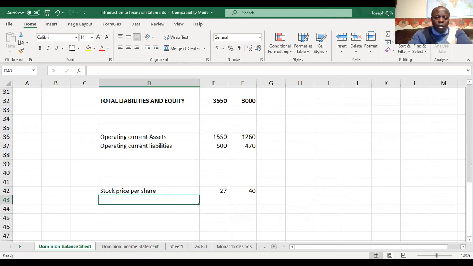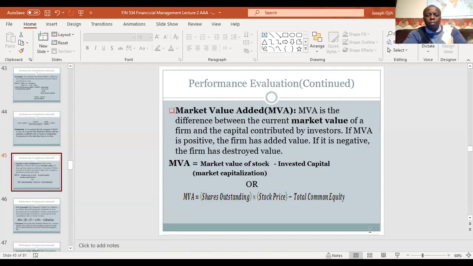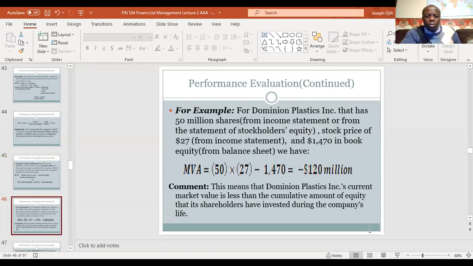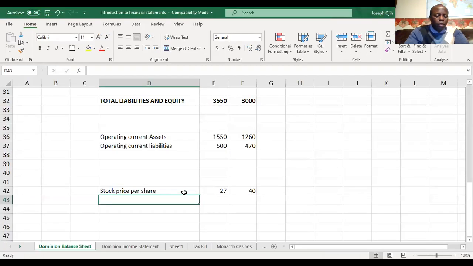Just give me 1 minute. Total common equity. Because everything is in millions. 50 million shares outstanding.